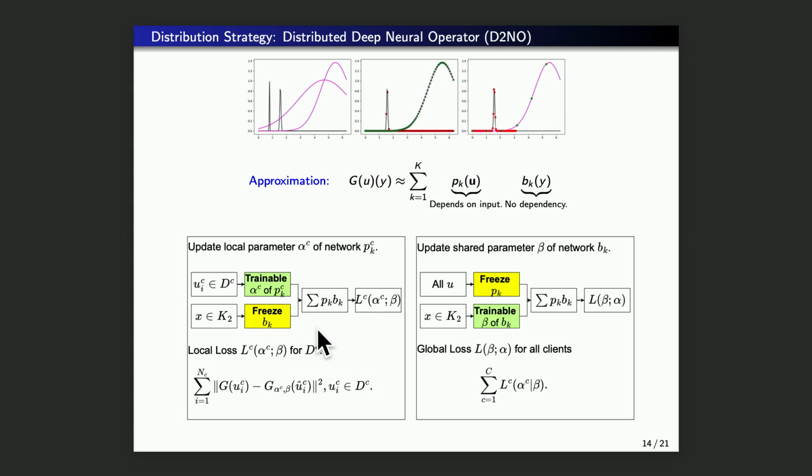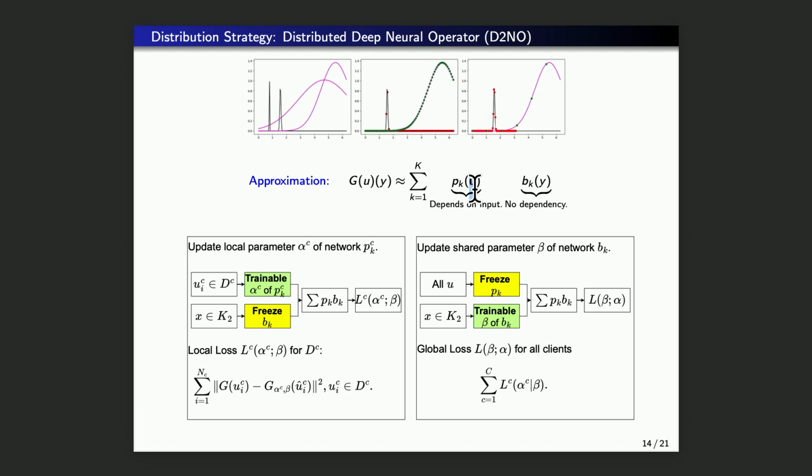And then we have the local update. What is the local update? The goal of the local update is to update the parameters of the network specifically for a group of functions. If we check the formulation, for different u functions we can use different neural networks to encode u.